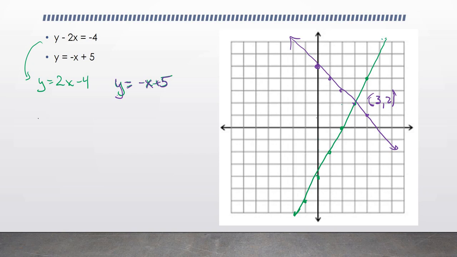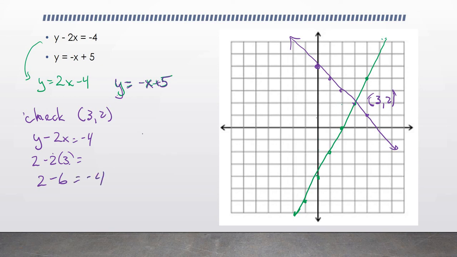And if I test this point into both equations, this is where I'm going to check my work. We'll check the point 3, 2. In the first equation, y minus 2x equals -4. I put in 2 for y and 3 for x. I do, in fact, get -4.